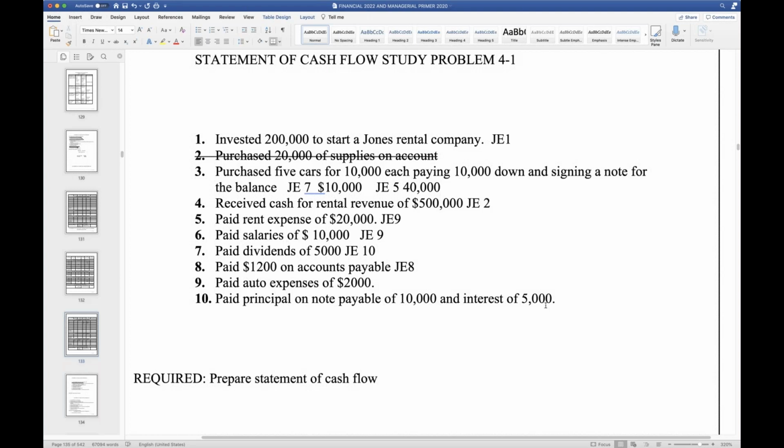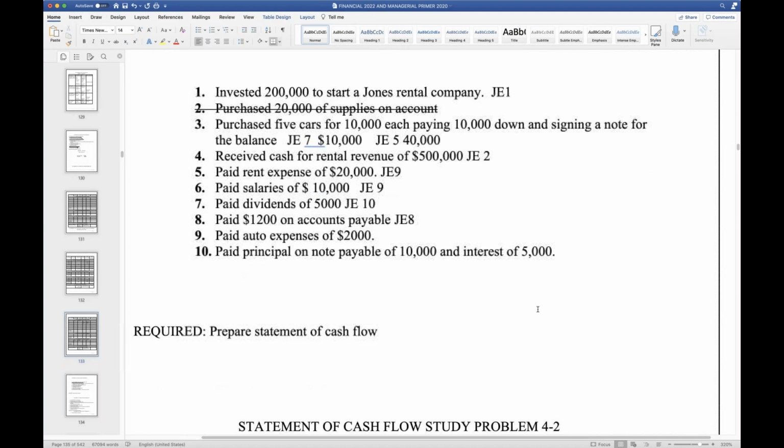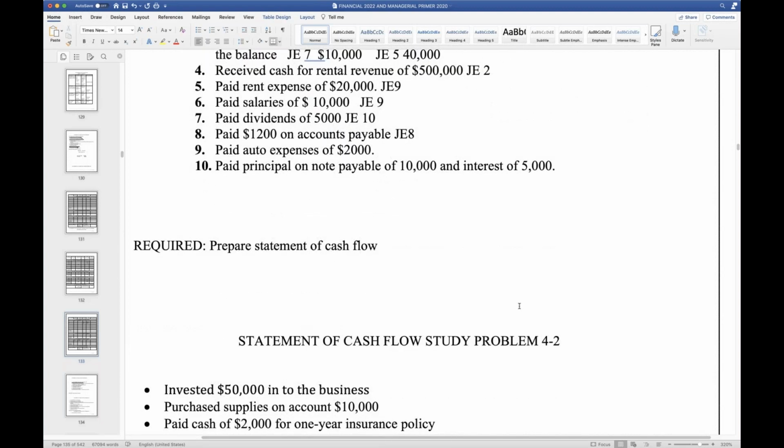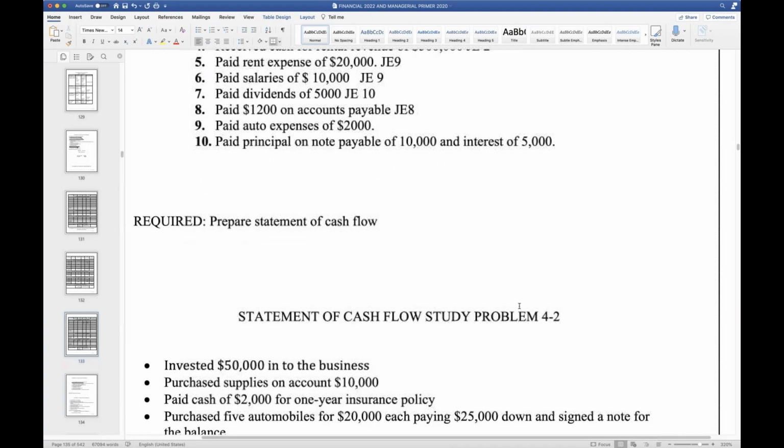I got those worked out. Okay, paid auto expenses 2,000.